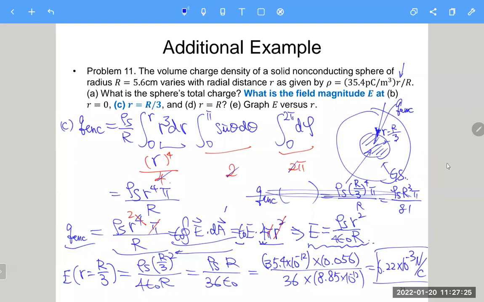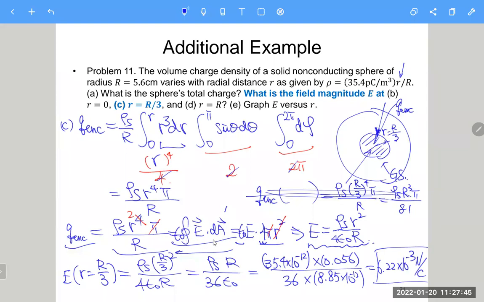So here we make use of the Gauss law. We first need to determine the Q enclosed within this Gaussian surface, and then we apply the Gauss law for this Gaussian surface. We have Q enclosed equals epsilon naught times the net flux.